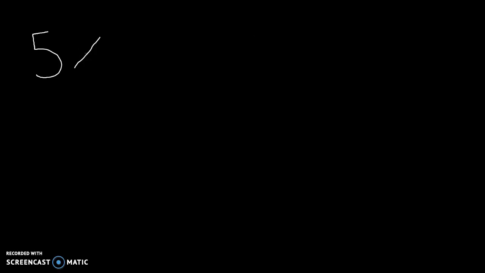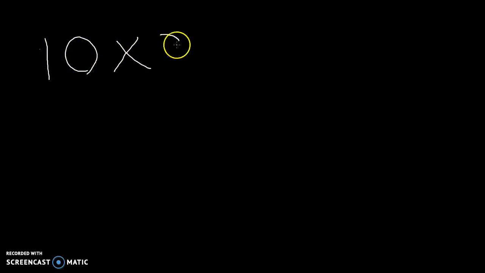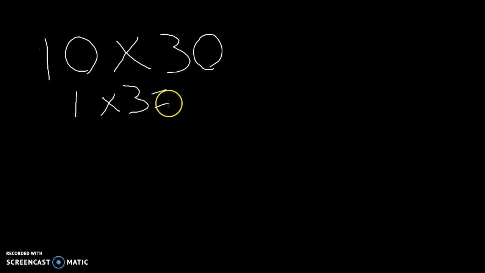So let's take a look here at something else, like 10 times 30. Now what we do here first is multiply 1 times 3. This equals 3, and now we carry all the zeros over.